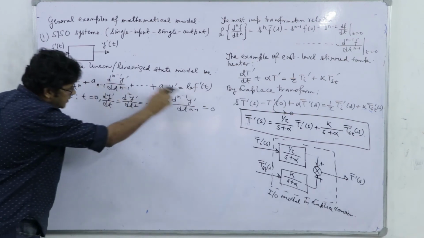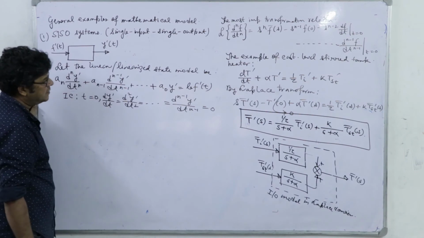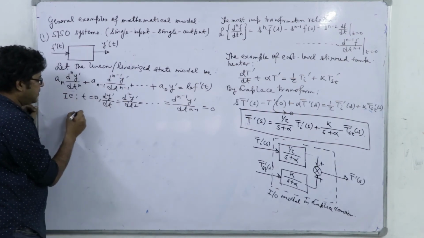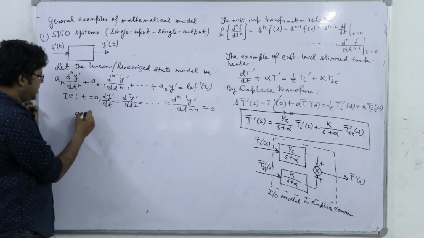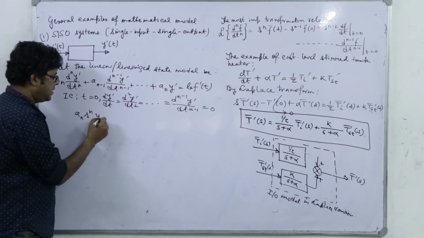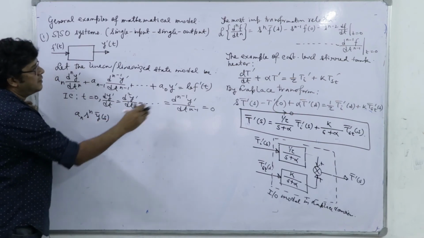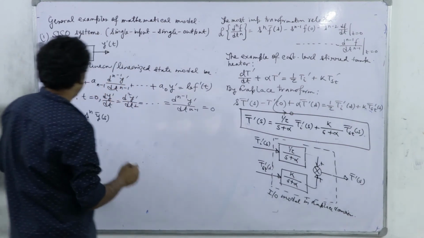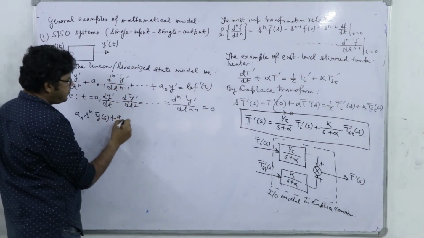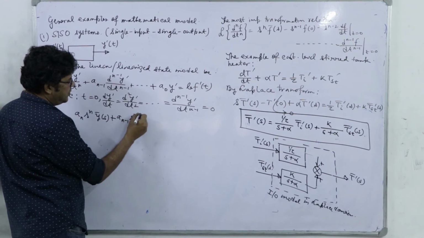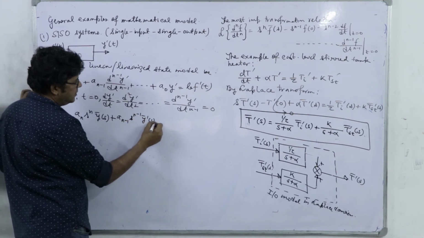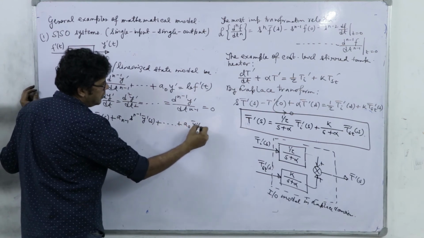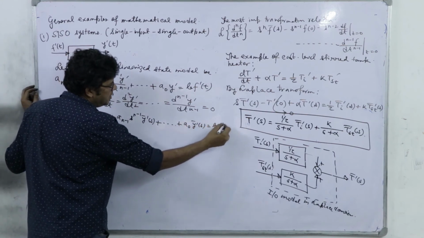Considering this, with all the first and higher order derivatives equal to 0, the Laplace transform will result in s to the power n into y bar s, and the rest of the terms, as predicted here, are all zeros, plus a n minus 1 s to the power n minus 1 y bar s, plus finally a naught y bar s is equal to b into f bar s.